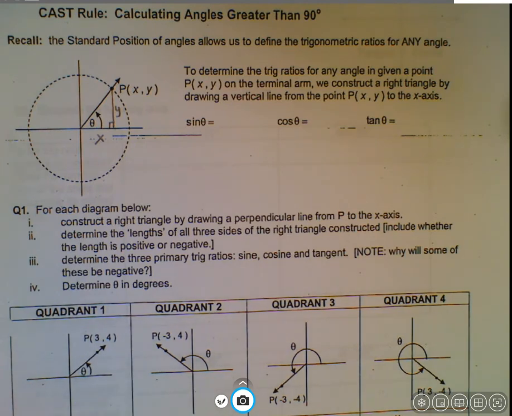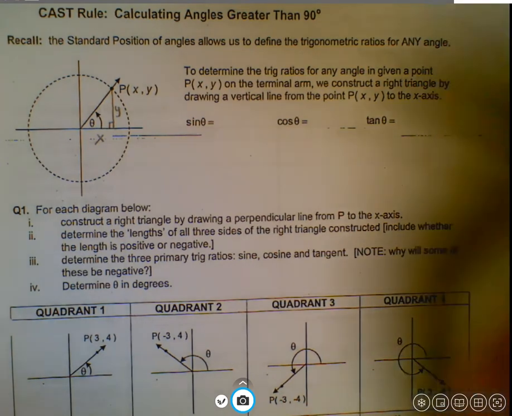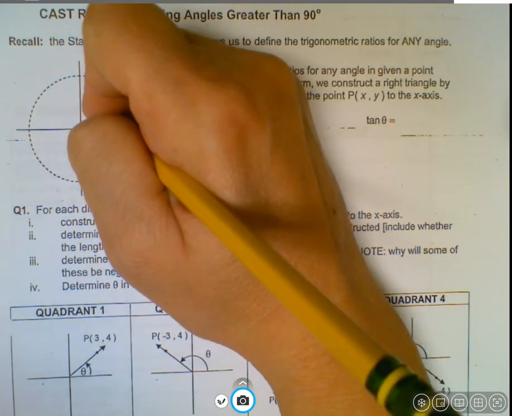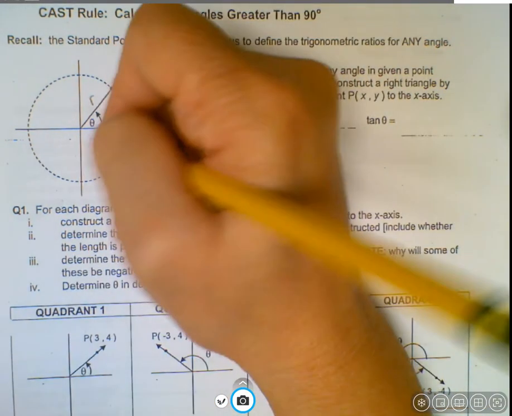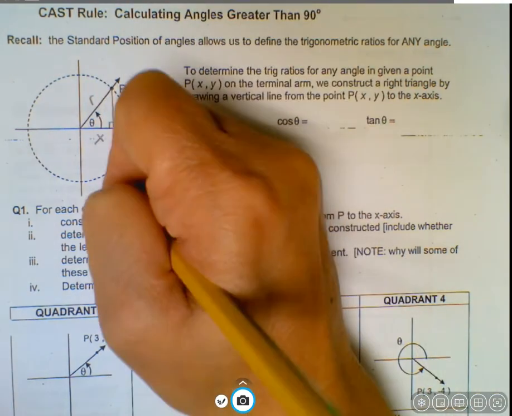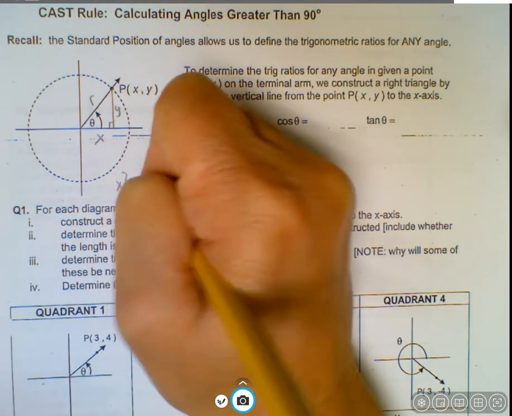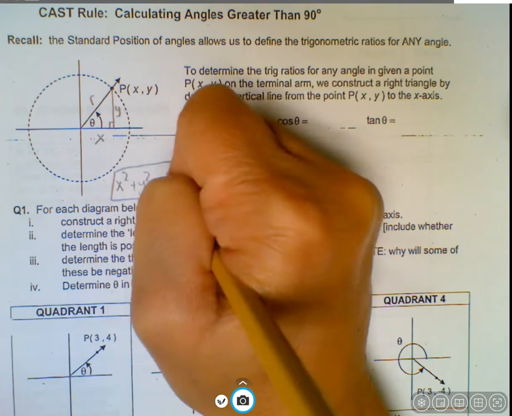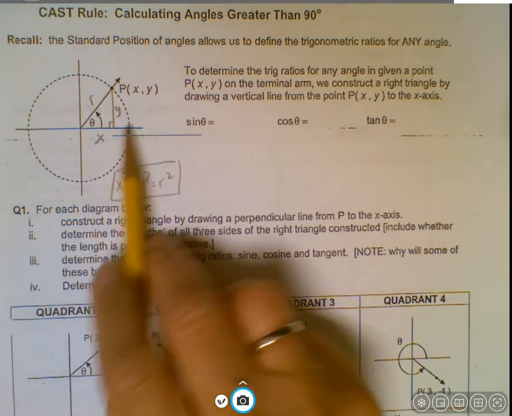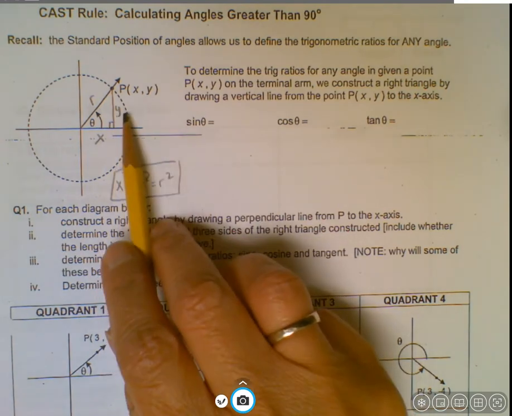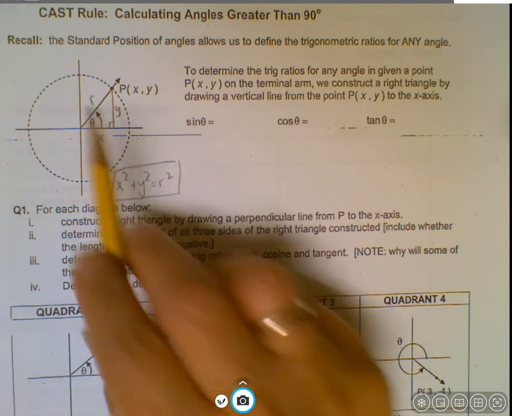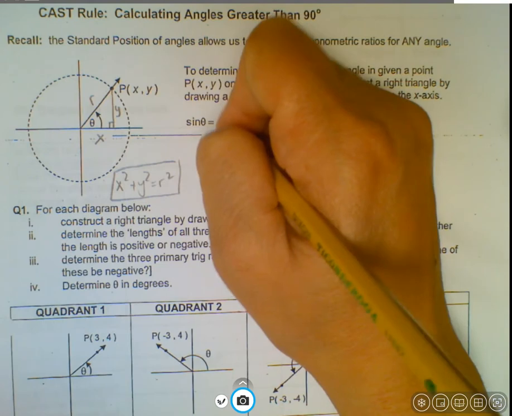And then it's asking us to write, using the diagram, what sine, cos, and tan are. All right, so I'm going to call this thing the radius of the circle. I'm going to call it r. And you can get that with the Pythagorean theorem: x squared plus y squared is going to equal r squared. So that's how you would get your r if you knew where this point was. So sine theta is going to be opposite over hypotenuse, so y over r.